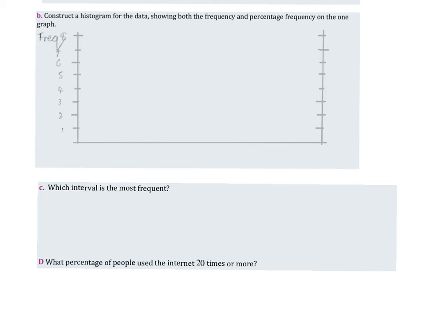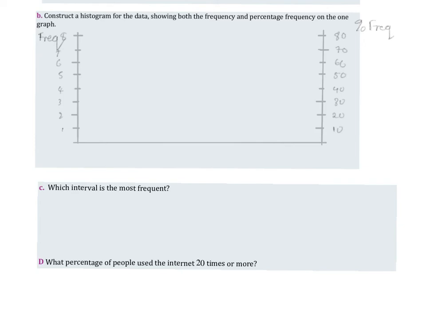And percentage frequency on the right-hand side. Each one is 10%, so that is 10, 20, 30, 40, 50, 60, 70, and I don't need to go any higher than that because my highest percentage was 40 anyway.